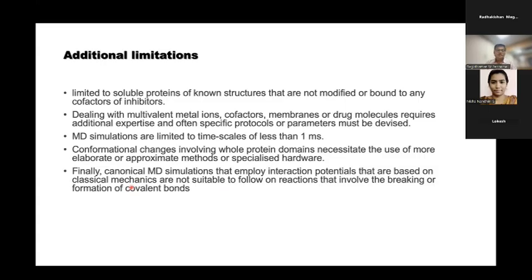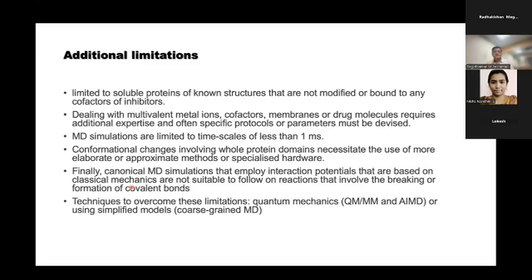You can do it for small chemical structures like a small acid-base reaction, nucleophilic attack, or electron transfer. That's all. Not more than 100 atoms. So you have hybrid methods that overcome all these limitations: quantum mechanical/molecular mechanics simulation hybrid, or AI-based MD, or simplified coarse grain.